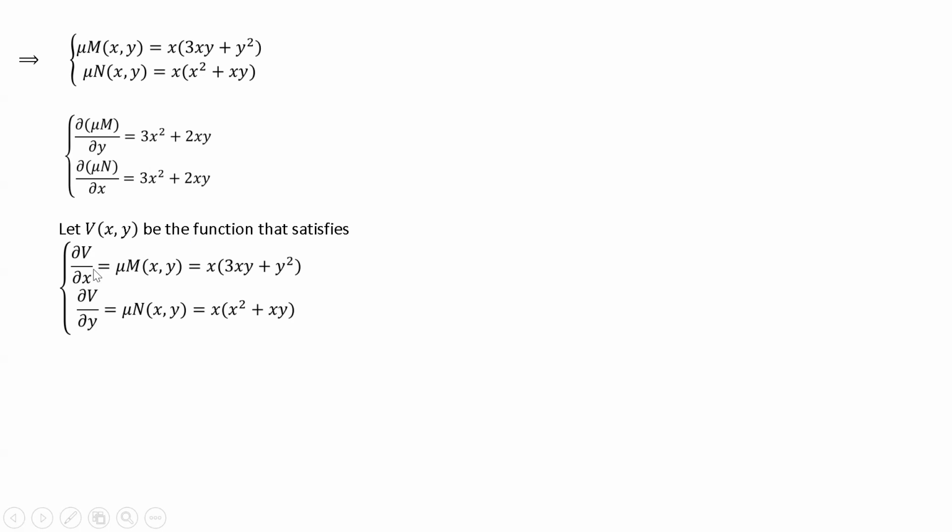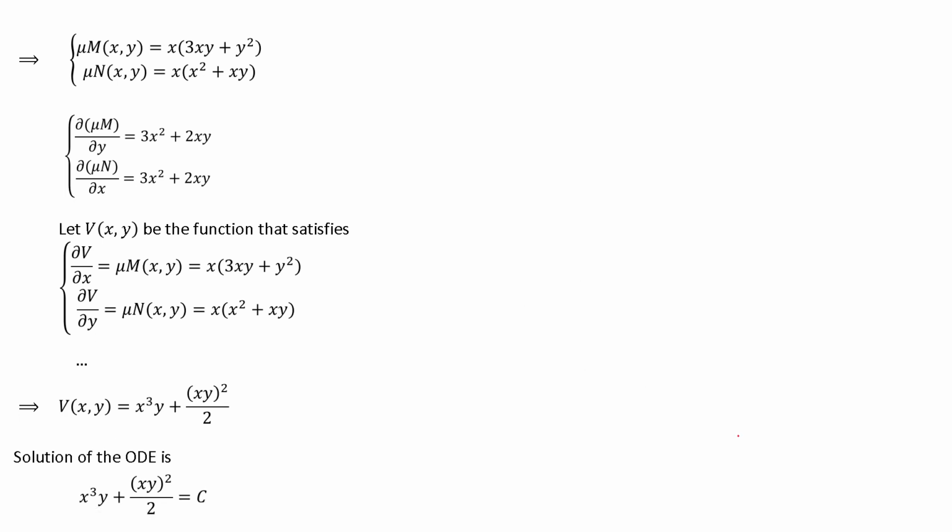So I give you this partial v, partial x, and partial v, partial y, and ask you to find v. This is not the procedure that I want to repeat again, because I talked about it already. If you actually try to do that, you realize that this v is given by this, and the solution to the ODE is that this term equals some constant.